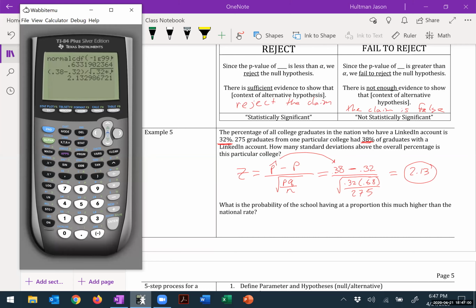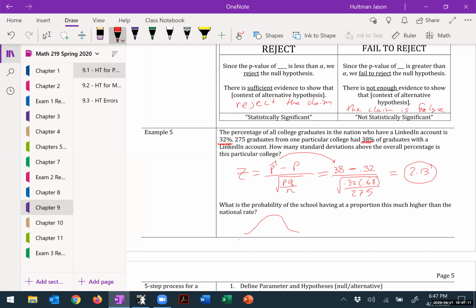What is the probability of this z-score occurring? What's the probability of the school having a proportion that is much higher than the national rate? What's the probability that they are 2.13 standard deviations above the mean? Here's the mean, which would be 0. We want the probability that z is greater than 2.13.